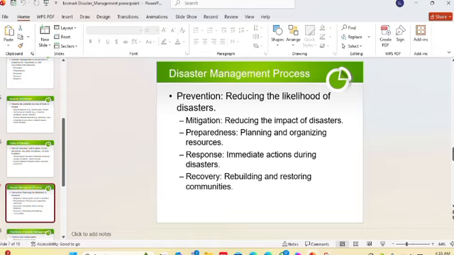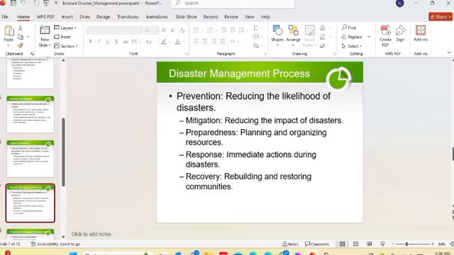In case there is a place which has been facing a drought or any sort of disaster, planning and organizing resources should be put in place to stop that incident, so that in case it happens, there is no loss of life or loss of properties. That's an example.